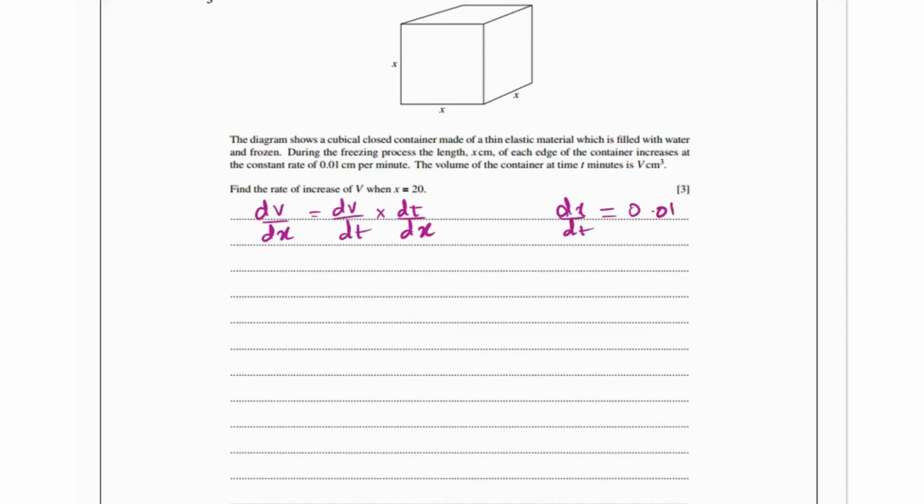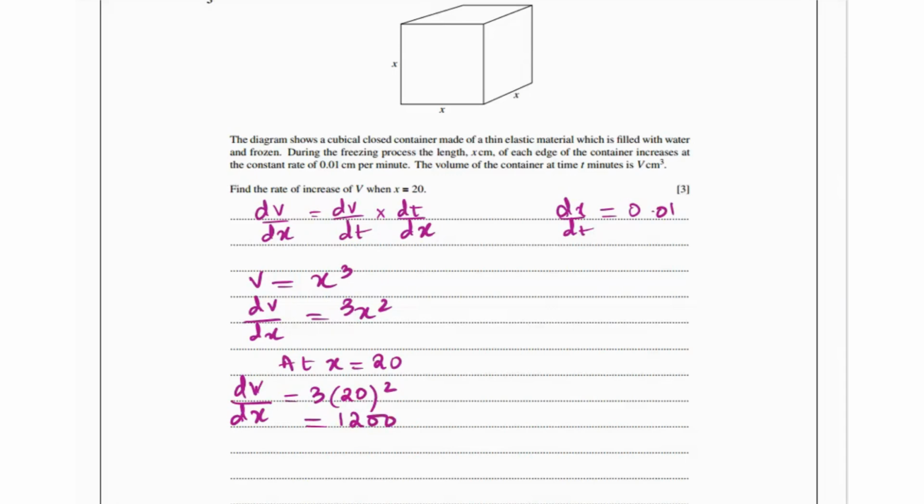We can find dV by dx by finding an equation for the volume first, which is going to be x cubed. Differentiated, that's going to be 3x squared. Put the value of x equals 20 in dV by dx because we want to find the value at that point. So that's 400 times 3, which is 1200.